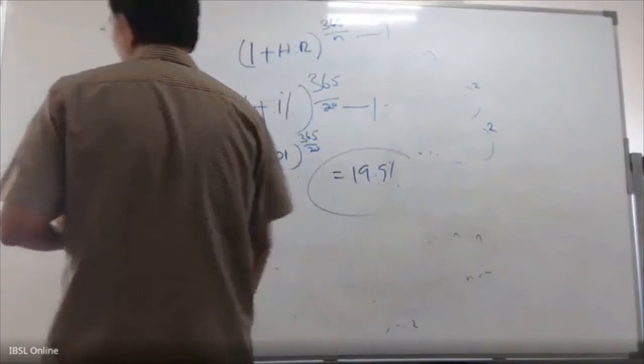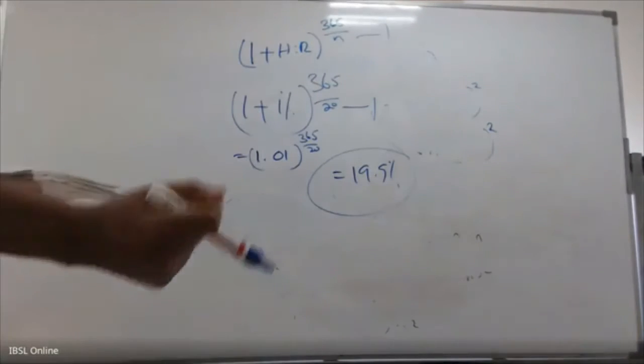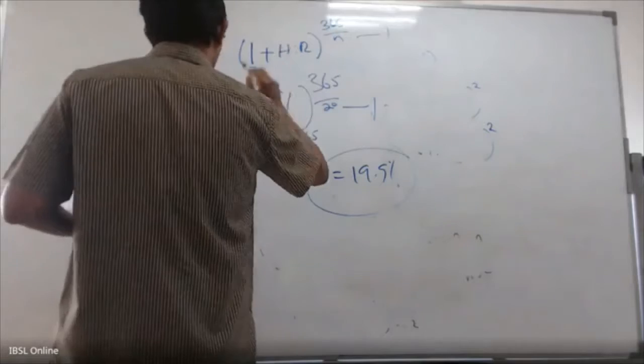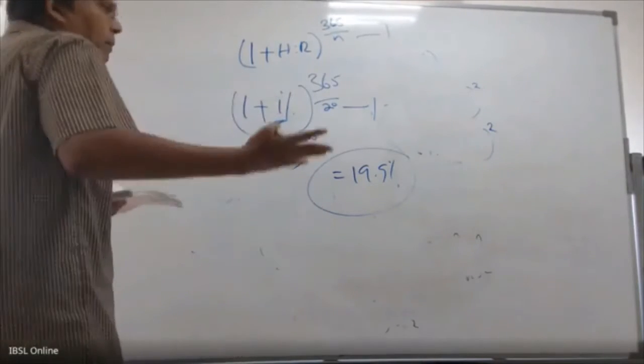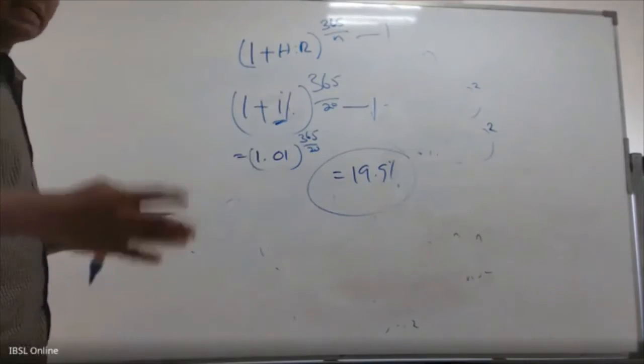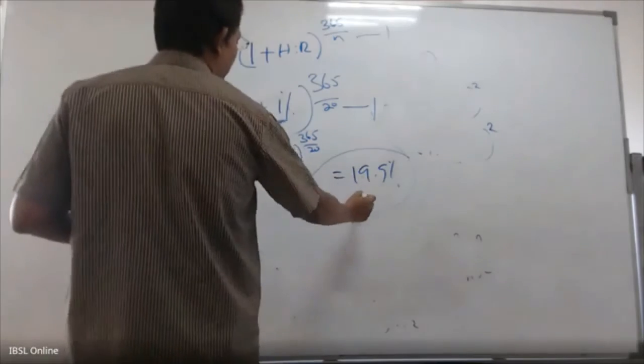This is the annual return. But for your portfolio, you say, I held for the period and earned only 1%. But actually, if you annualize it, it comes to 19.9%.